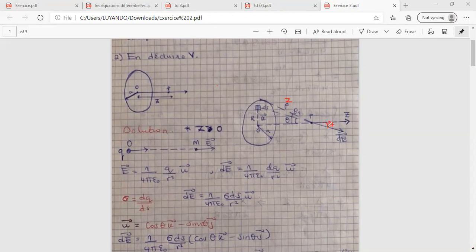We introduce an angle there for us to have U, moving in this direction. So for us to have our cos theta K and our negative sine theta J, what did we do? We have OZ from the center to our Z. I've given this direction to be Z, so I take this axis to be the OZ axis, which has been indicated by that Z.